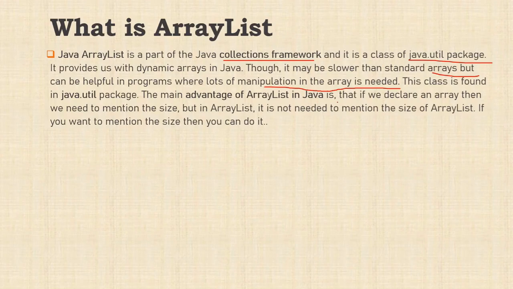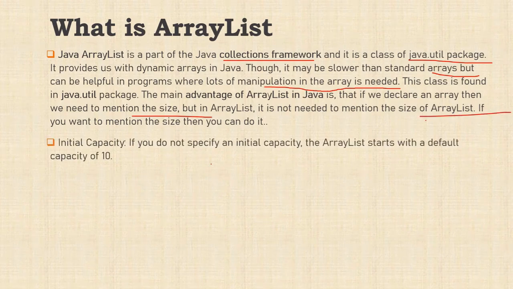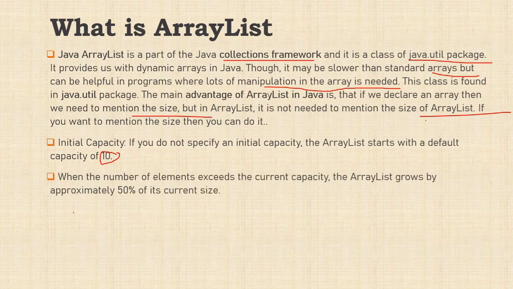The main advantage of ArrayList in Java is that if we declare an array, then we need to mention the size, and it is not required in ArrayList. The initial capacity of ArrayList will be 10. It will grow once your capacity is full.